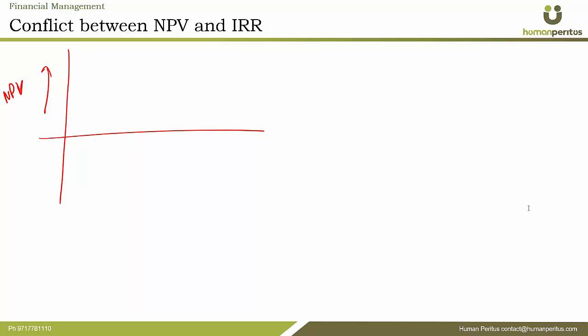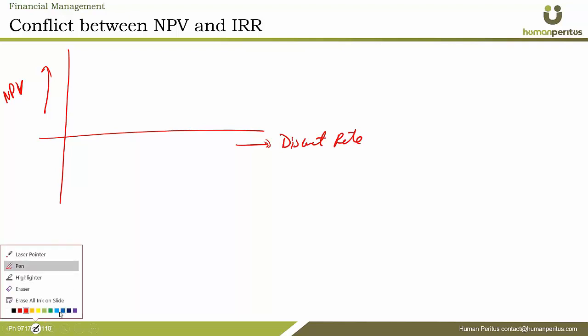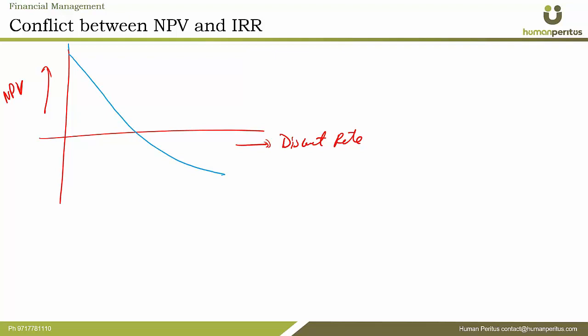On the x axis we plot discount rate. So what we understood is that the NPV of any project will keep on decreasing as the discount rate increases, and the point where NPV is 0 is known as IRR. This is known as the NPV profile. We did this in the last class.